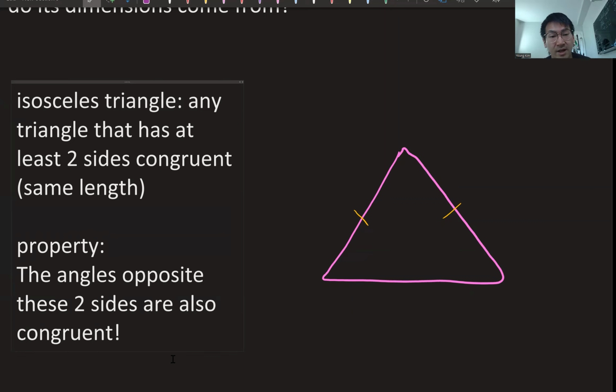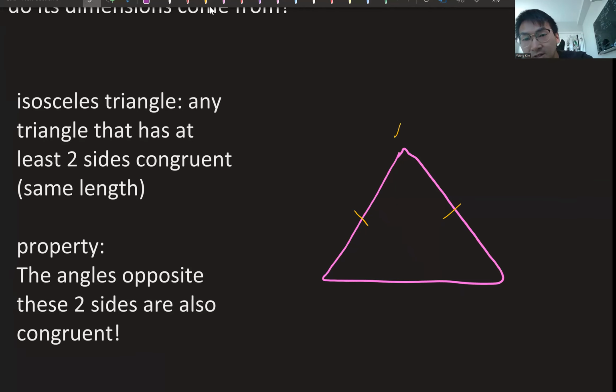So what does that mean? Let me label these vertices A, B, and C. This side AB, the angle opposite this side, you look diagonally here, is this angle here, angle ACB.